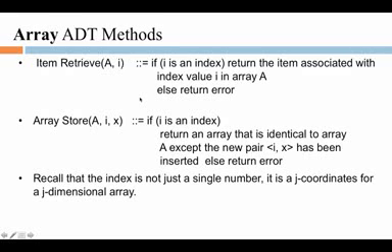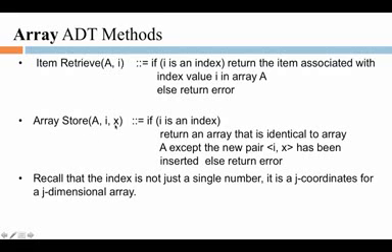If I is a valid index, then you look at the location in the array indexed by the value I and return the item associated with that index. Otherwise, you return an error message. So the return value of retrieve is either a valid item present inside the array or an error code.